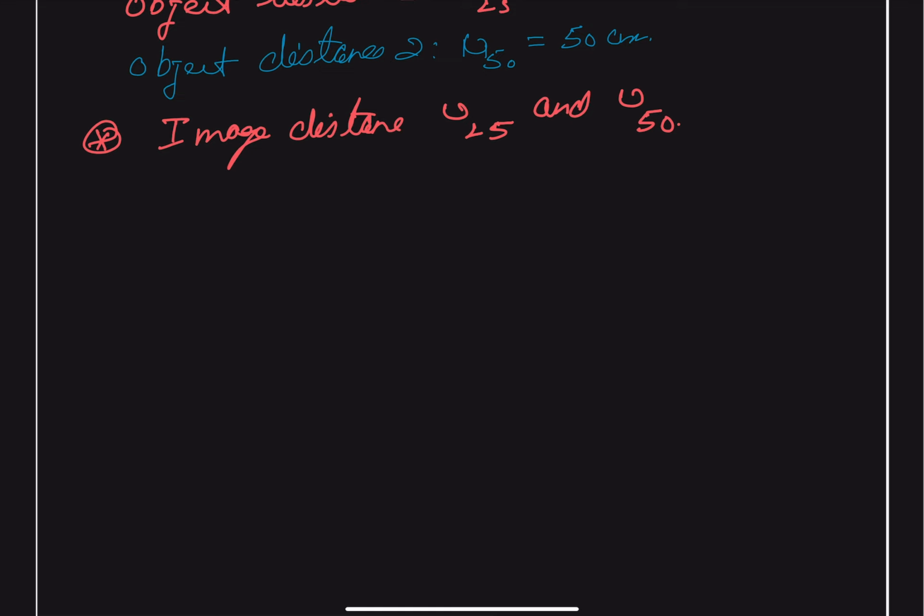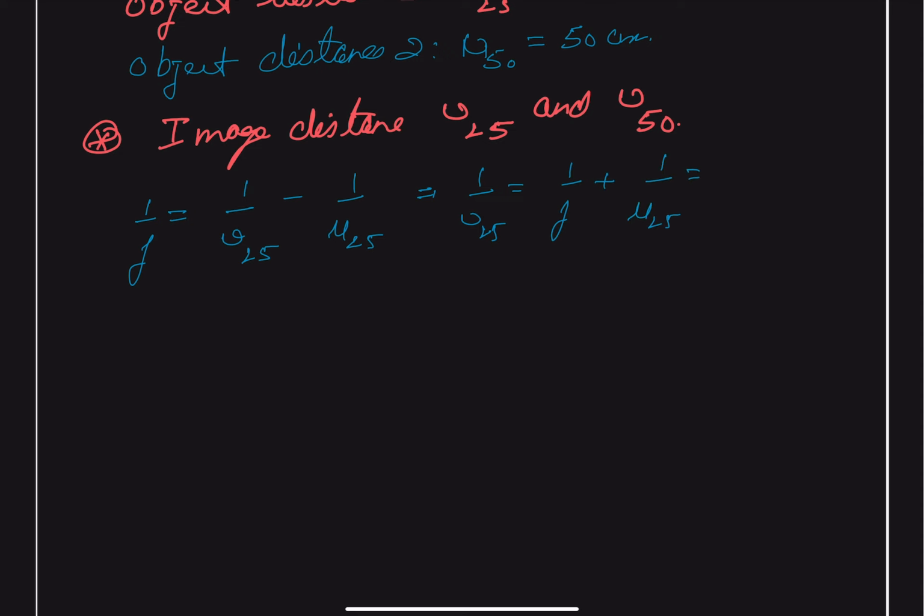So we can use the lens equation, that is 1 upon f is equal to 1 upon V25 minus 1 upon u25. So this gives us 1 upon V25 is equal to 1 upon f plus 1 upon u25.